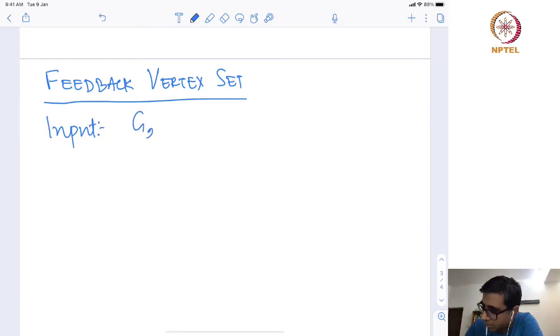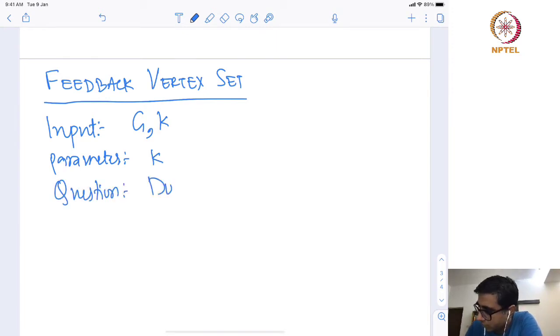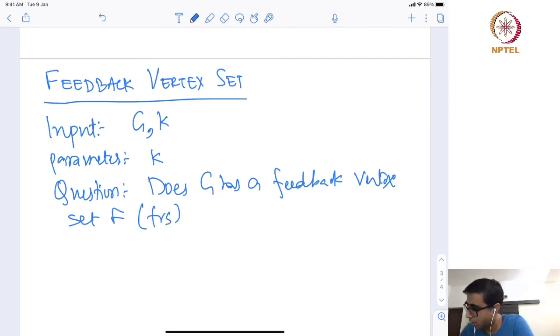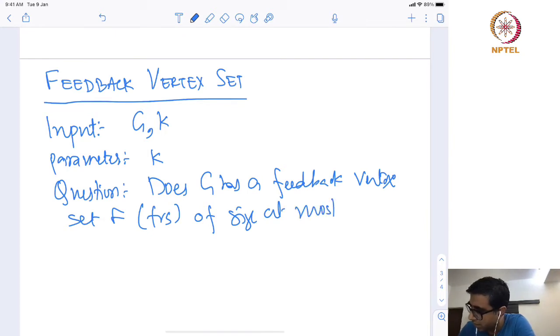Input is G comma k, my parameter is k, and my question is: does G have a feedback vertex set F of size at most k?